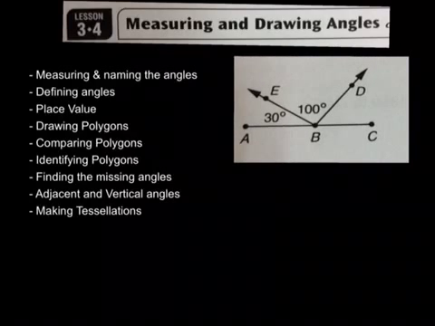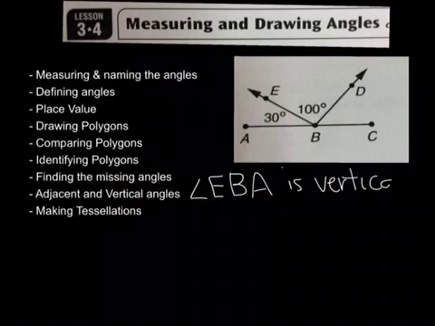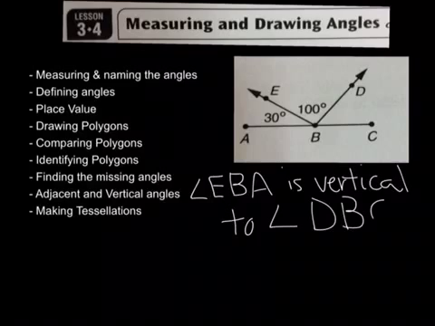Angle EBA, the first one, is vertical to angle DBC. So EBA is vertical to DBC.